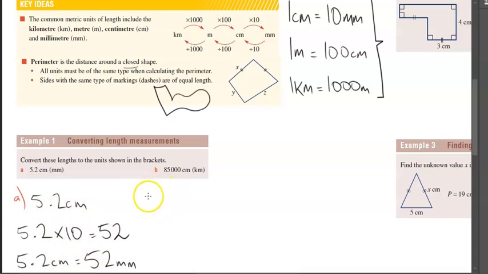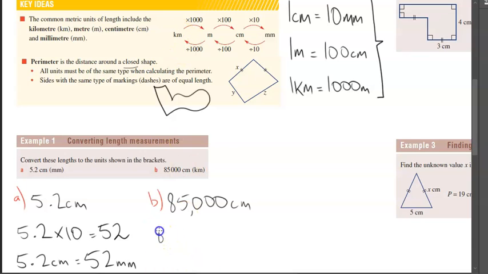For question B, we're changing 85,000 centimeters into kilometers. So centimeters to kilometers, there are 2 steps, there are 2 iterations we've got to take. We need to change the centimeters into meters first before we can change it into kilometers.